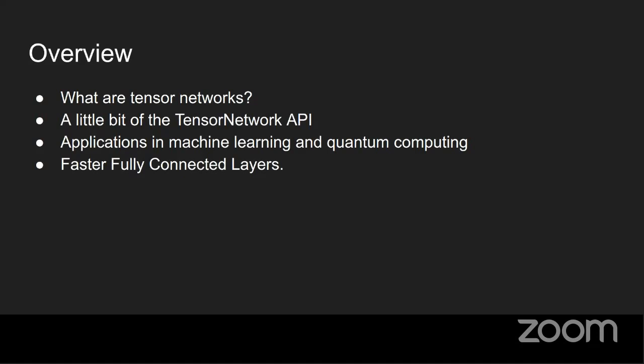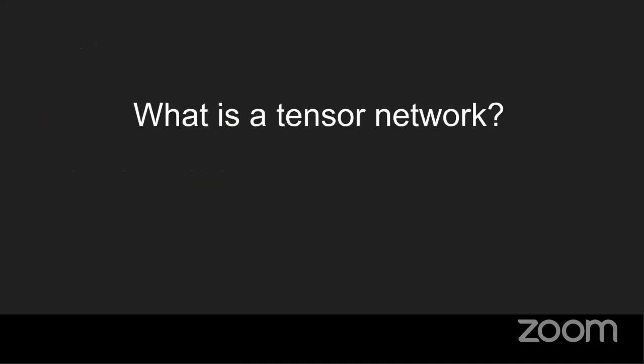And then I'll go into some past research experience using just tensor networks for machine learning, as well as using tensor networks to simulate a quantum computer. And then finally, I'll be going into details on how the demo I just showed works in practice and all the details of that.